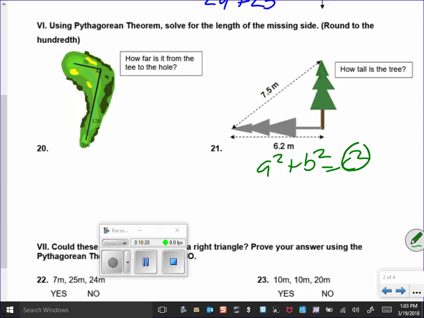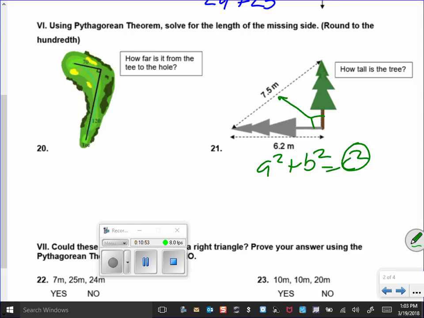This cannot be interchanged with any other number. C always represents your hypotenuse. Your hypotenuse is the side that is opposite the right angle. So here it's always the longest, and it's always opposite your 90 degree marker, okay?